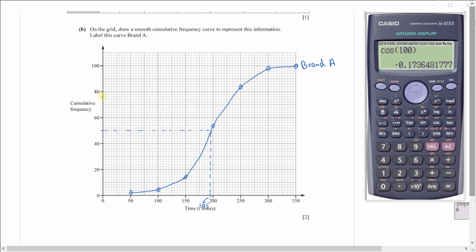small block. So let me draw a straight line from here and see where it intersects your cumulative frequency graph. So it intersects at this point.